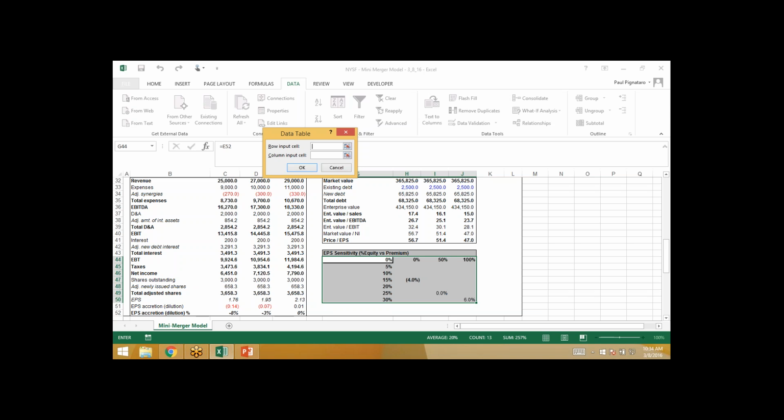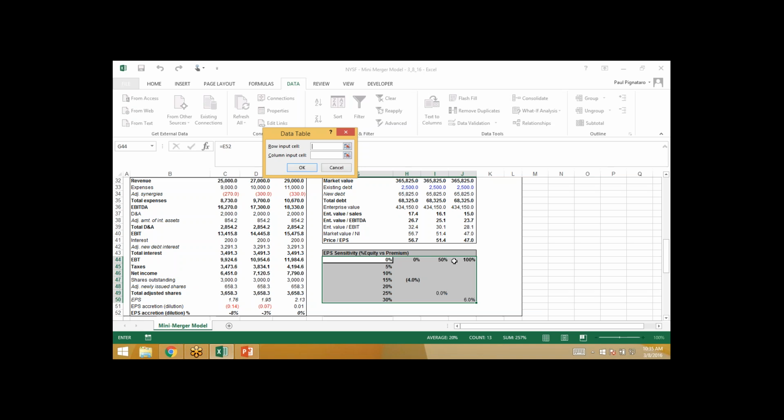The row input cell is basically asking for an input. It is saying, of these variables across the row, the 0, 50, 100, where does it need to go to change that variable?